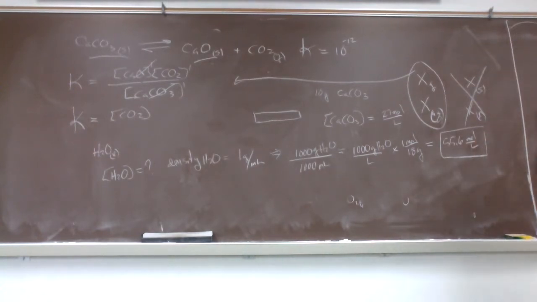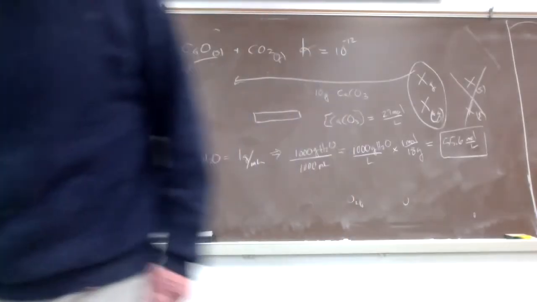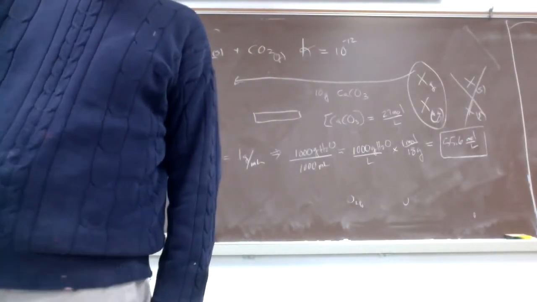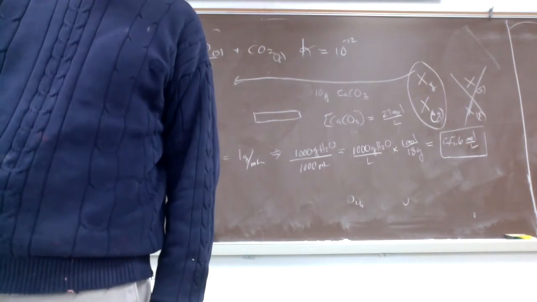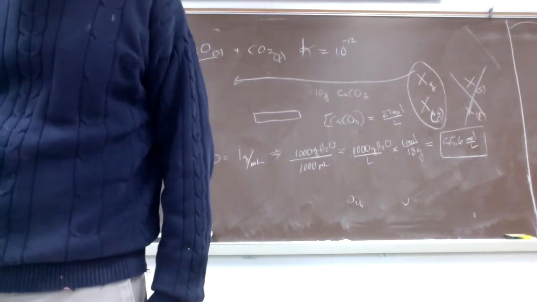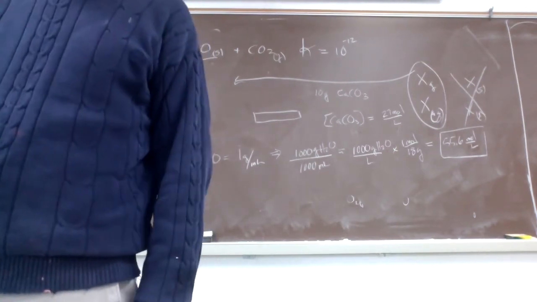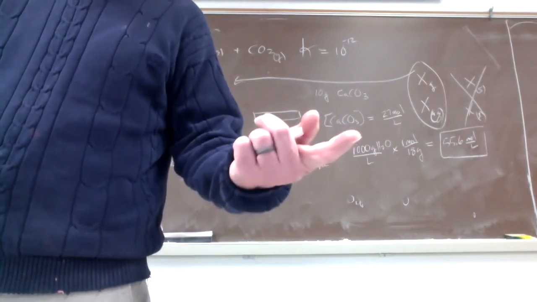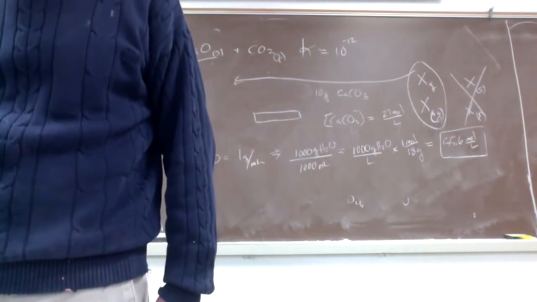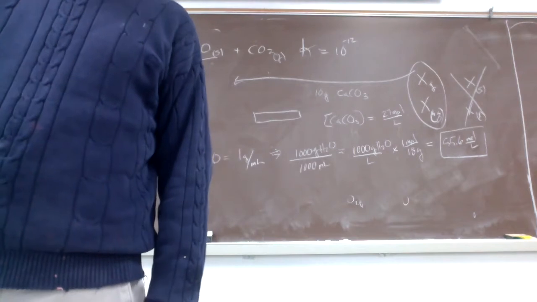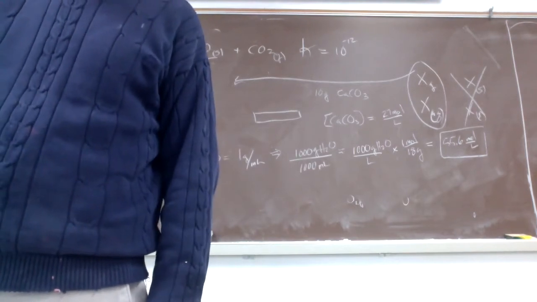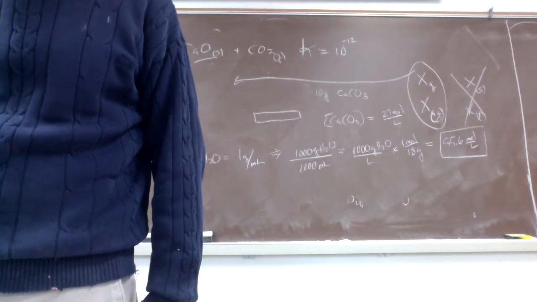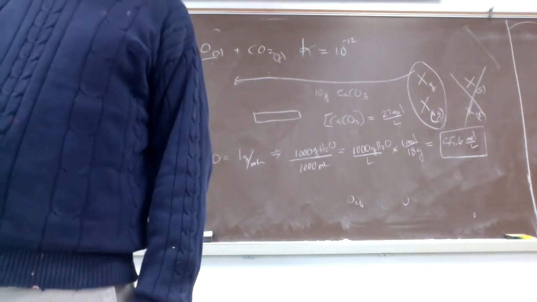Okay. So I have 100 mils of water. Its concentration is 55.6 moles per liter. Now I have 50 mils. What's its concentration? 55.6 moles per liter. Now I have 20 mils, 55.6 moles per liter. Now I have a drop.